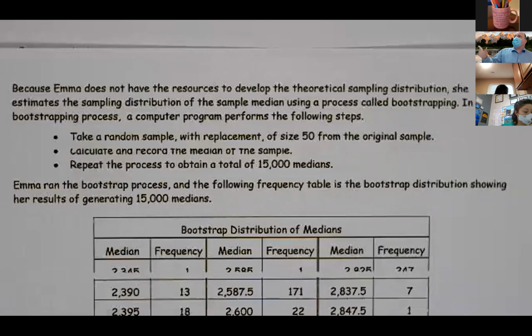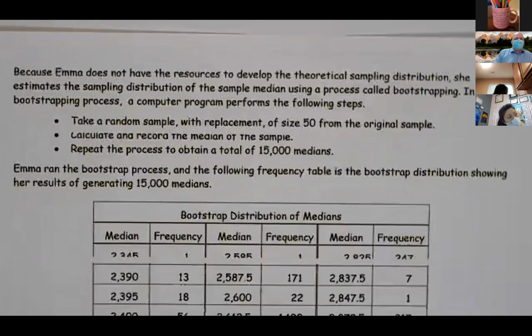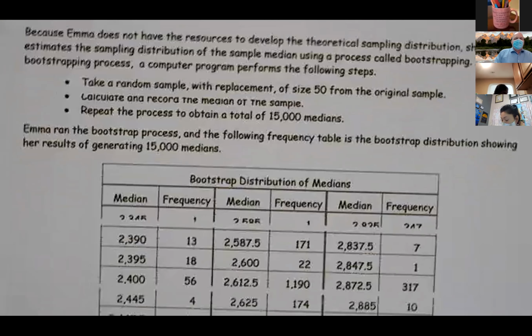But by putting it back in, each one could be different because I can draw the same number multiple times. So we could end up with a whole bunch of different samples, and theoretically even a sample that had the same value throughout. They repeat this process 15,000 times.